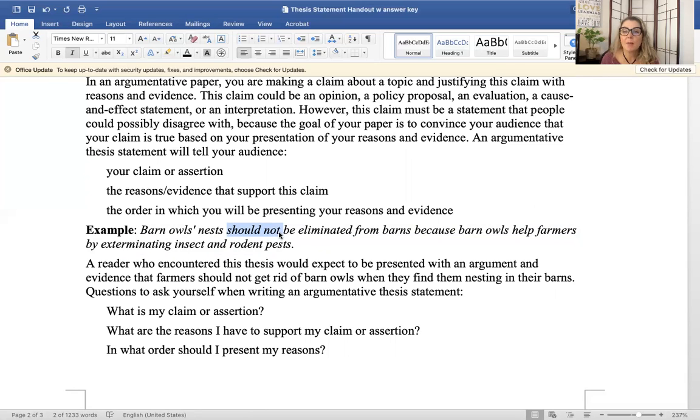This is what's saying I'm making a claim on this topic. I think barn owls should not be killed, should not be eliminated. Or you could argue the other. Barn owls should be eliminated because they, I don't know, spread disease within animals or something. So you could go either way, but should not, must, this is language that really shows some kind of claim or strong assertion, okay?